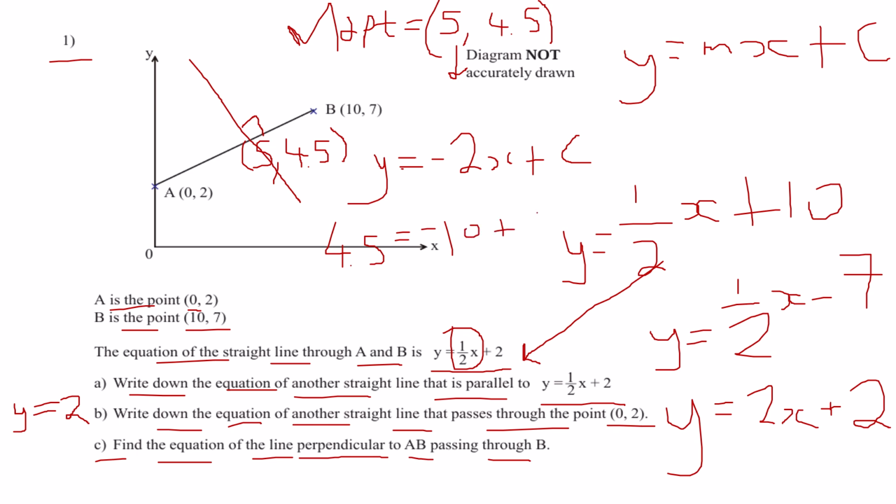I'm going to add 10 to both sides. We get that c is equal to 14.5, so my final answer is y = -2x + 14.5, or plus 29 over 2.